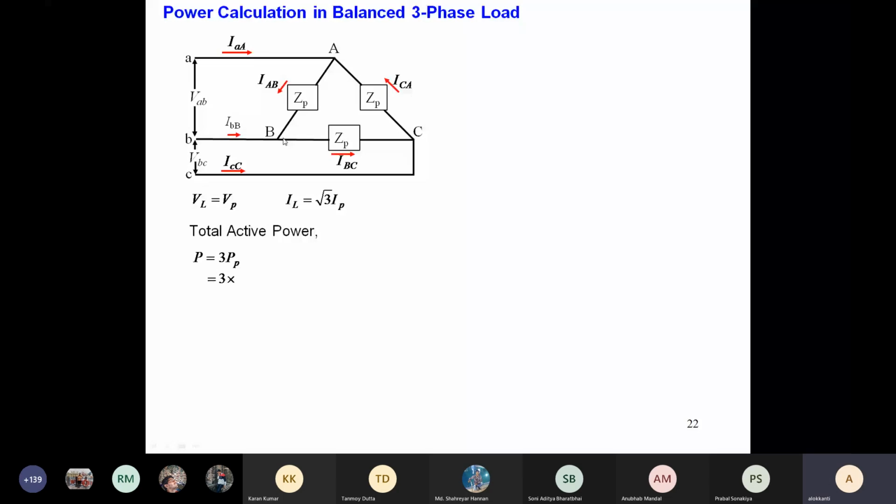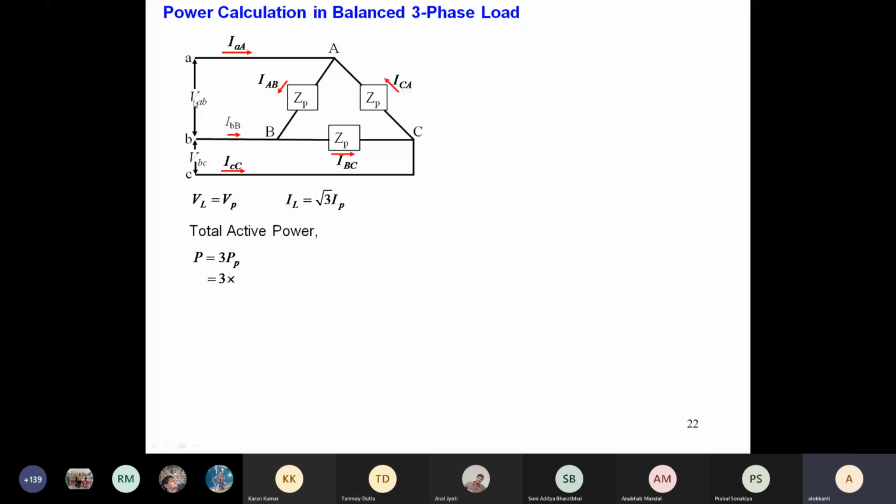The line voltage gets applied across it. Sir, VP is the voltage across ZP. Okay, ZP, that is per phase. So VL is the voltage across each ZP.